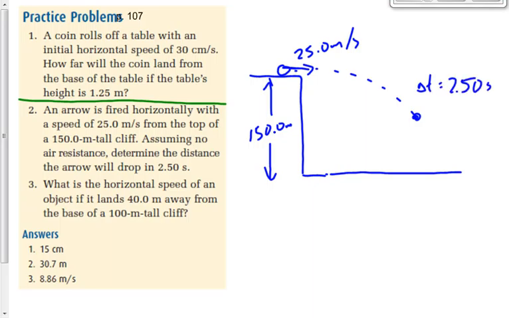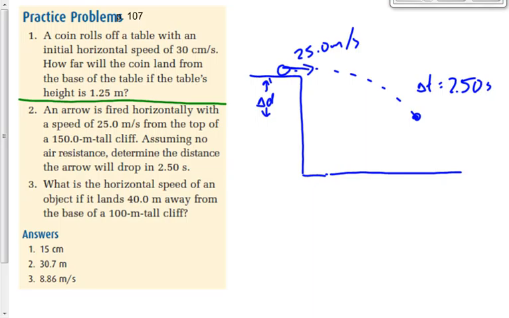This 150 meter distance that was given to us, the height of the cliff, is really not relevant at all. We're told that that's the height of the cliff, but we're not told that it falls all the way down. It will fall all the way down, but we're not told that it falls all the way down in 2.5 seconds. We want to find this number right here, the displacement on the y-axis right here. The 150 meters is completely irrelevant in this question. It's thrown in there just to see if you can recognize that it doesn't matter.